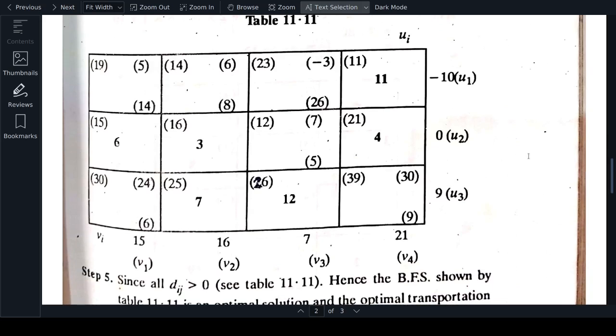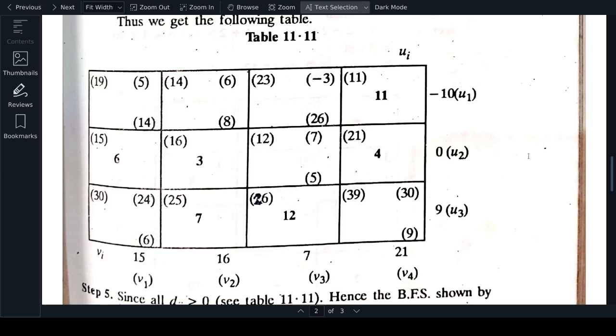How many occupied cells are present here? You see 1, 2, 3, 4, 5, 6 occupied cells. You can give the names also: C14, C21, C22, C24, C32, C33.